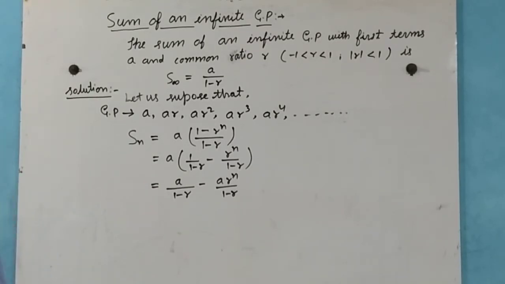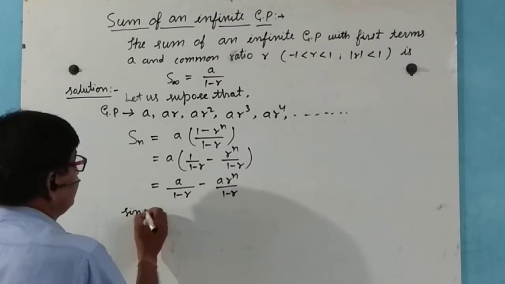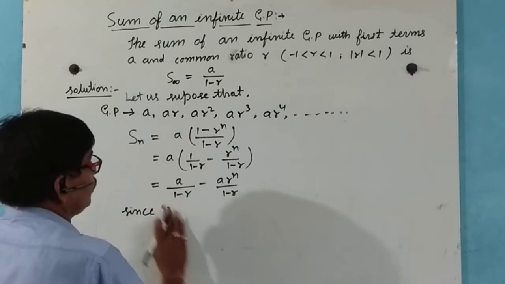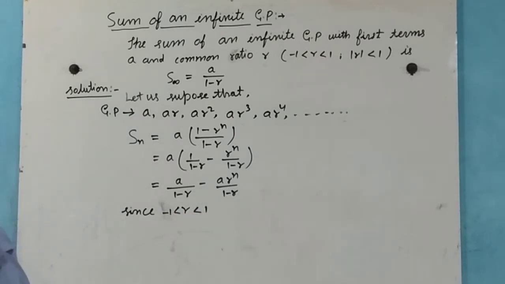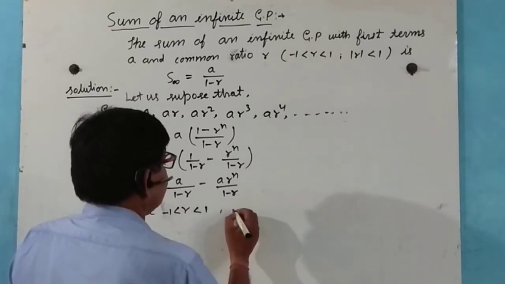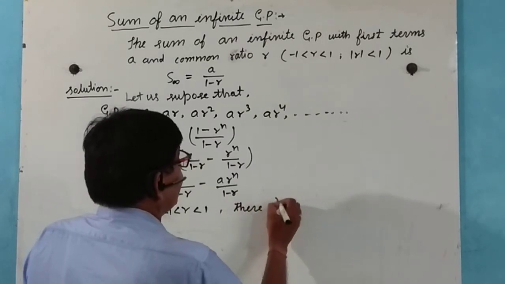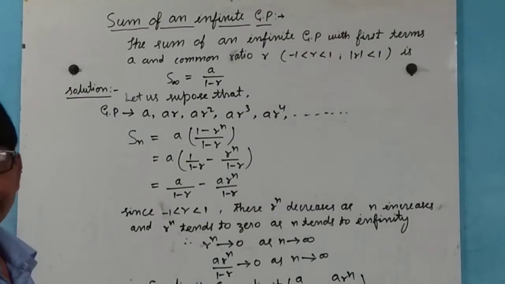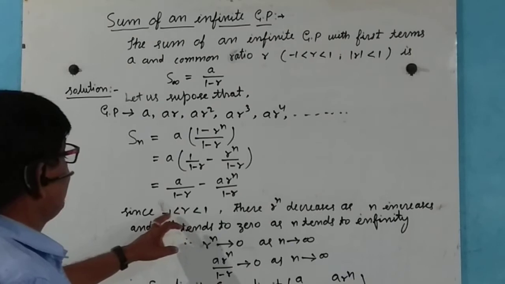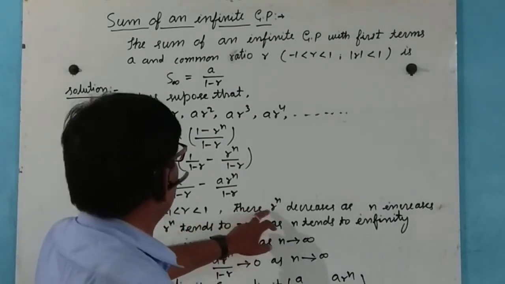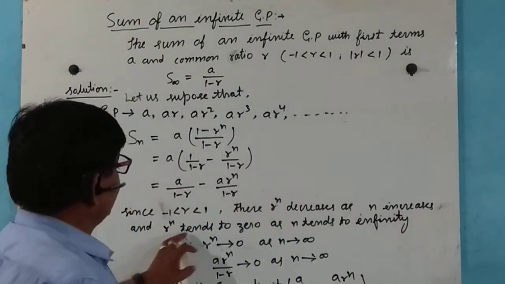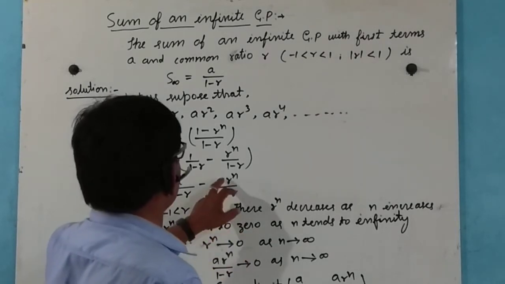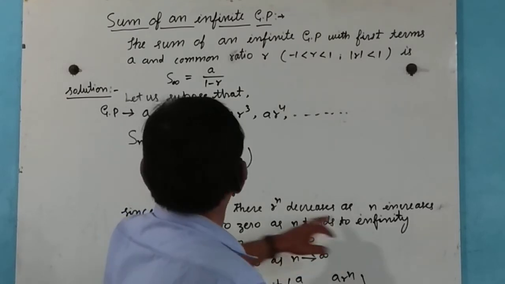Now since R varies from -1 to 1, R to the power n decreases as n increases, and R to the power n tends to 0 as n tends to infinity.